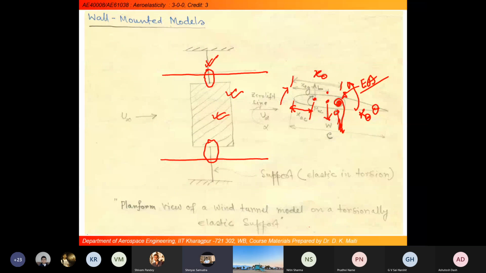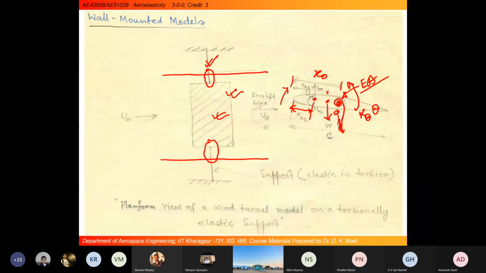So this is what we call the wall mounted model. In the wind tunnel wall, we set up a fixing mechanism, and the aerofoil section is mounted in the test section. Once we start the wind tunnel, depending on the velocity, we can calculate the dynamic pressure.